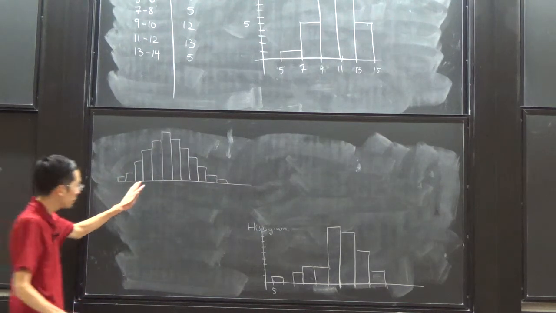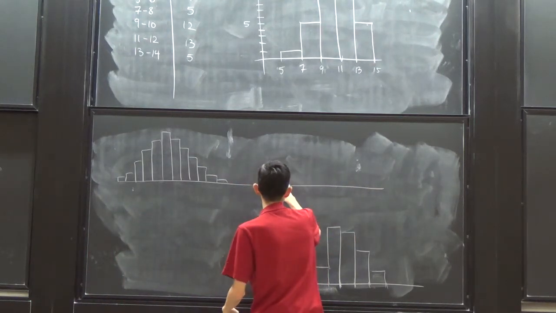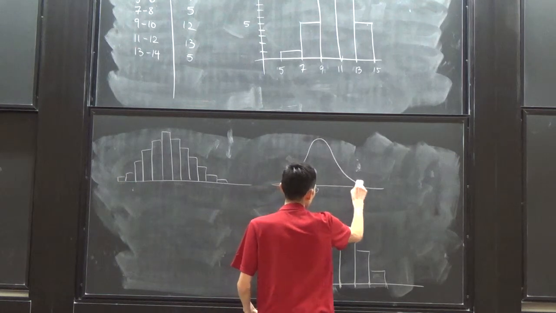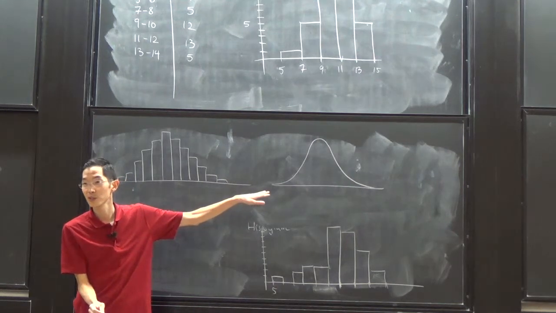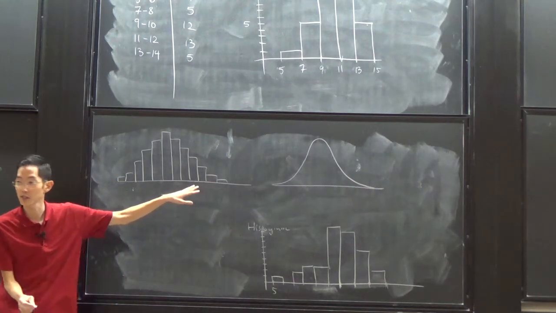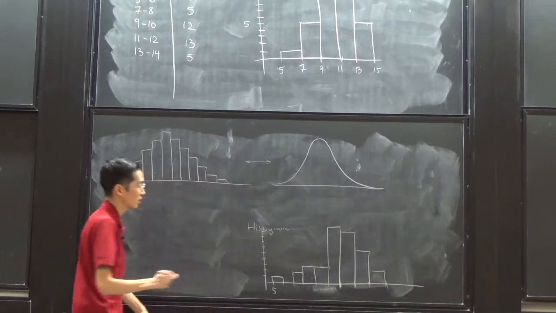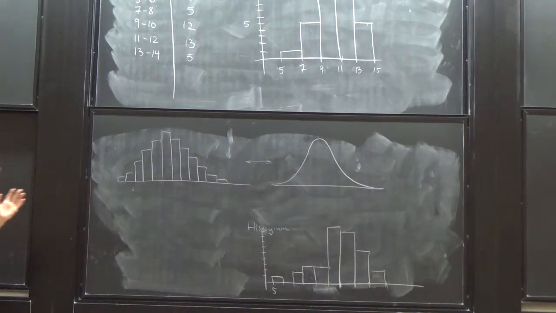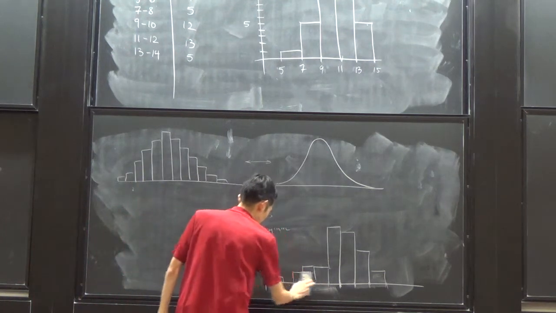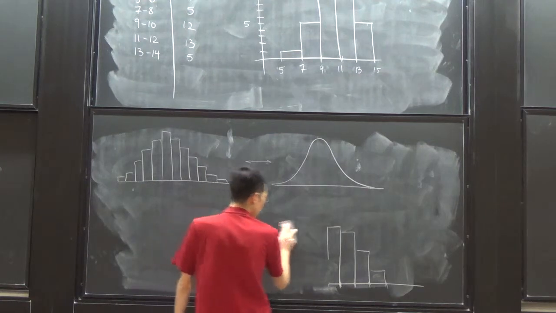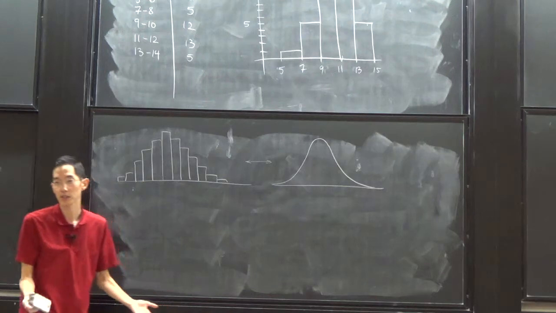And instead of having to draw out histograms with all of these bars, I might just represent the overall shape of a histogram with a curve. Is that okay? Okay, and then using curves, I can talk about the shapes that a histogram might have, or in essence, the shapes that the data itself has.